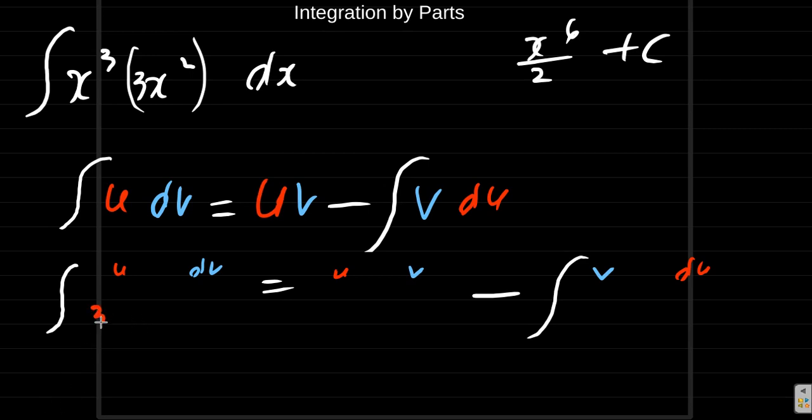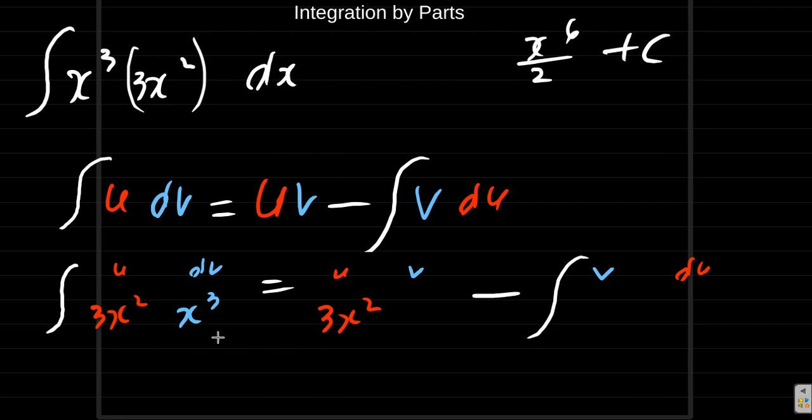u is 3x squared times dv, which is x cubed, equals u, which is 3x squared, times v.